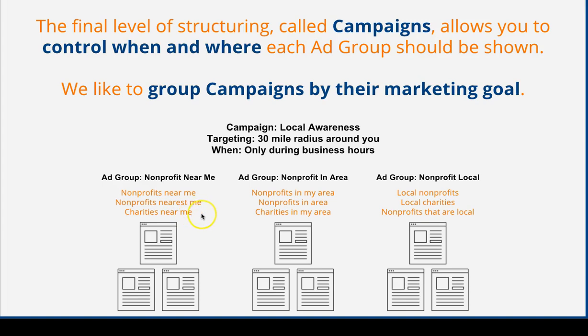We want to make sure that each ad group only has its specific keywords in it. So for example, anything in a nonprofit near me ad group should only say nonprofits near me. One in nonprofit in my area should only have keywords talking about nonprofits in my area. And in the ad group nonprofit local should only talk about local nonprofits. So this local charities wouldn't fit in there as well.